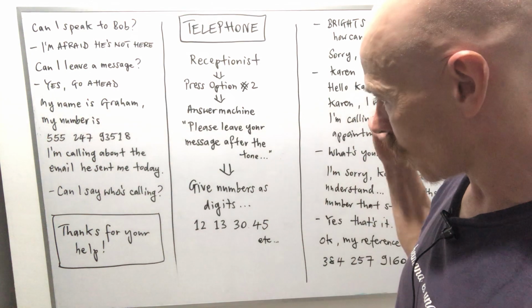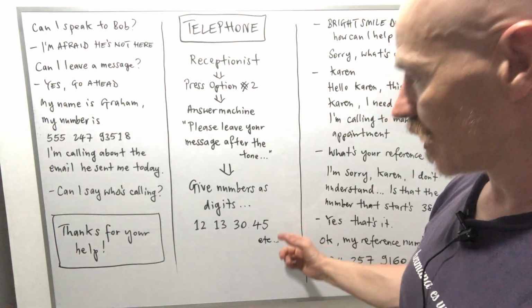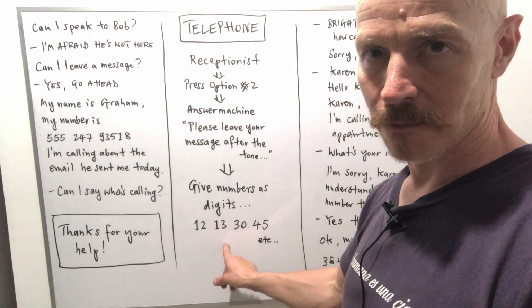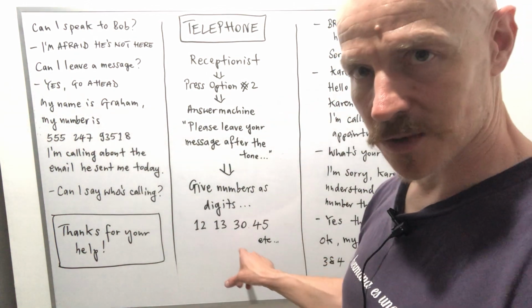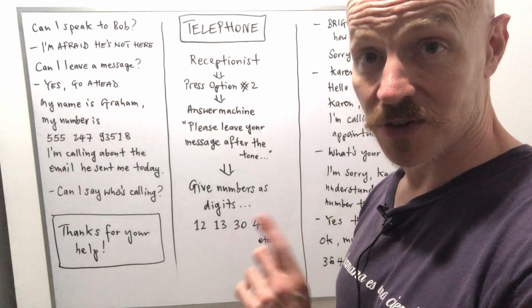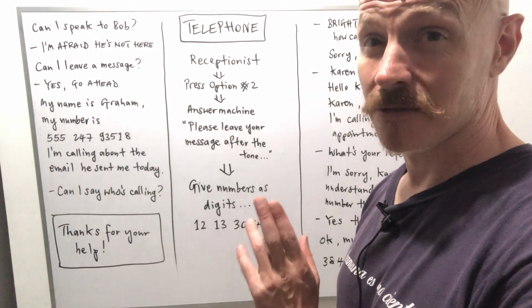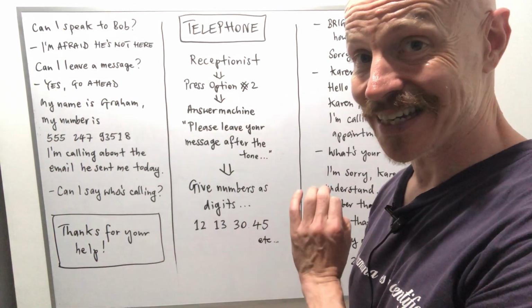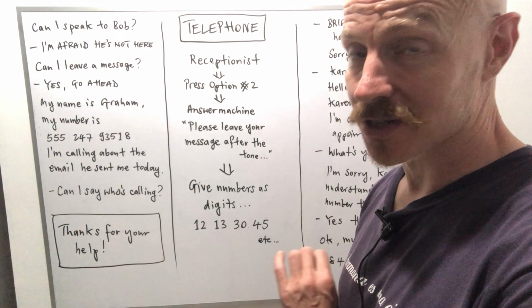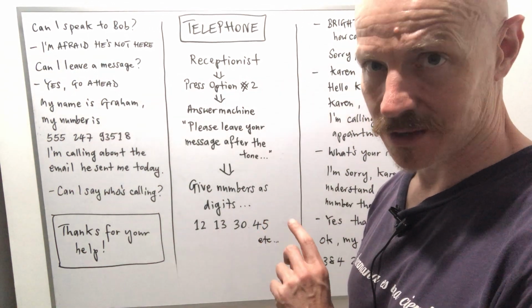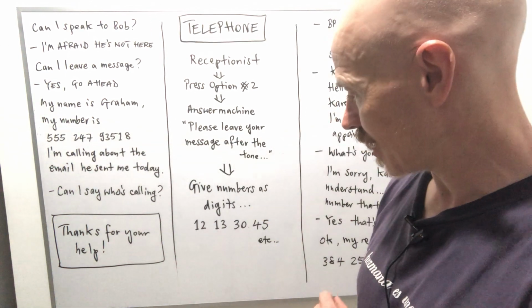This is particularly important because we have to be very clear, especially when we give our telephone number. Some digits that we say, particularly the digits like 12, 13, 14, 15, 16, 17, 18, 19, sound very much like 30, 40, 50, 60, 70, 80, 90.